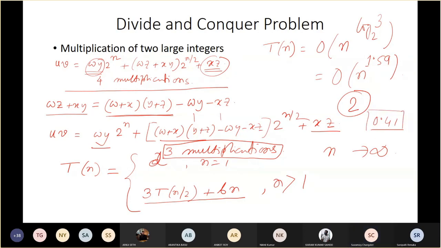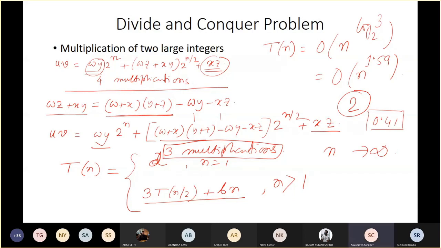So we can multiply two variable length large integers by using this divide and conquer method, and that will take very much less time than the general multiplication of order n square. Okay. So if you have any doubt, you can ask, otherwise I will go to the next.